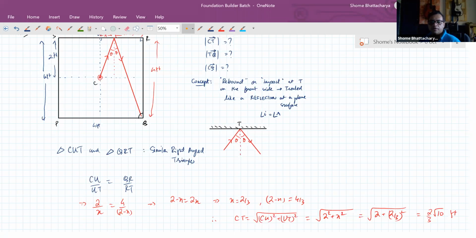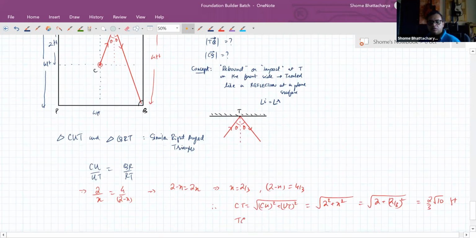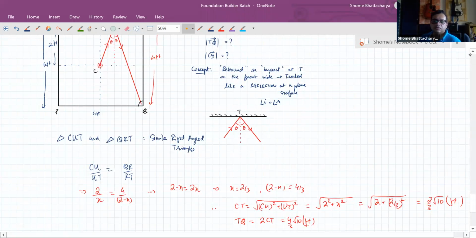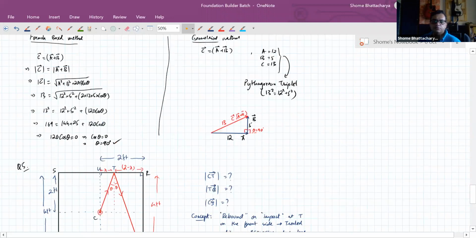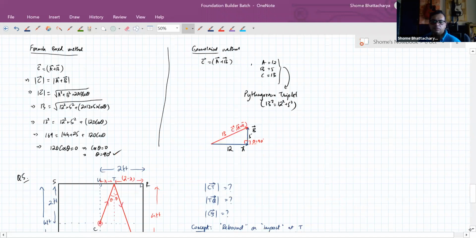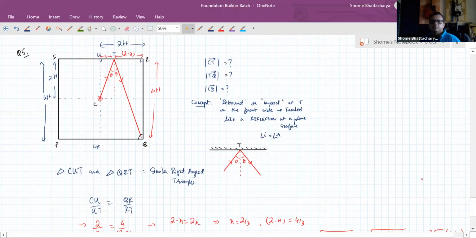Okay, and we can see that TQ will just become double of CT. So it will become 4 by 3 root 10 feet. Okay, this you can understand from similar triangles. So there are some more options by which you can do this also, but this is an interesting way of solving the problem, and just by using very basic things like similar triangles and Pythagoras theorem.